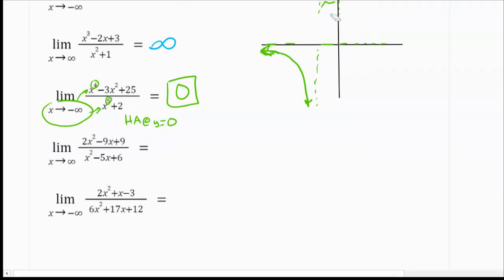A couple more here talking about rational functions, and then we'll wrap it up. So in this one, we have 2 degrees that are the same. Our horizontal asymptote rule then is that it is the leading coefficient over the leading coefficient.